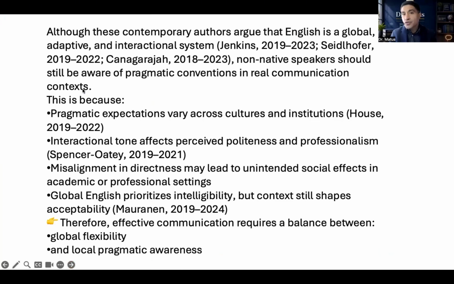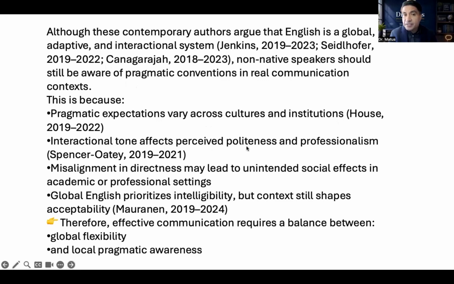So of course, if we are dealing with global English, we are not aiming at developing native-like pronunciation and perfection. We'll still be making mistakes, but it's also relevant to be aware of other cultures' patterns and codes. This is because pragmatic expectations vary across cultures and institutions.